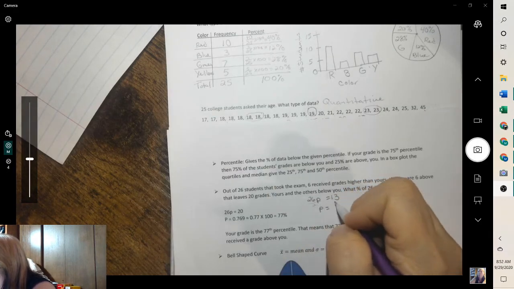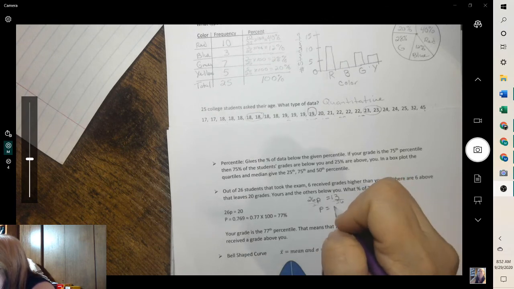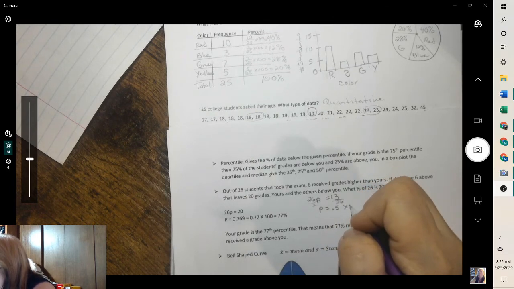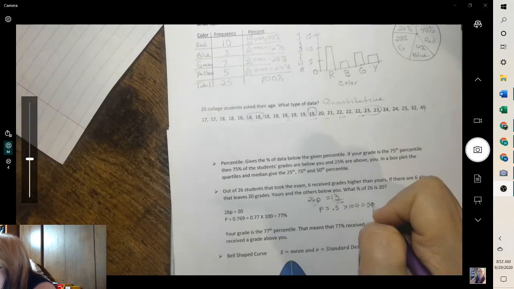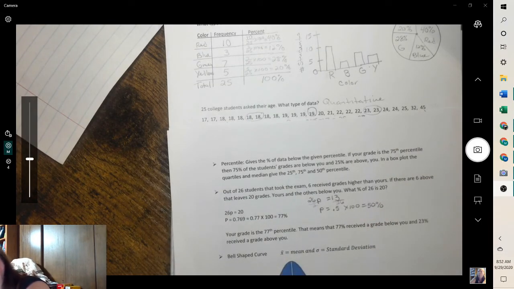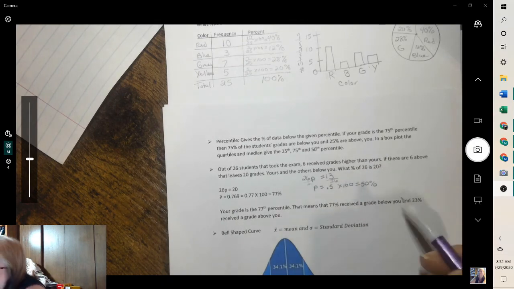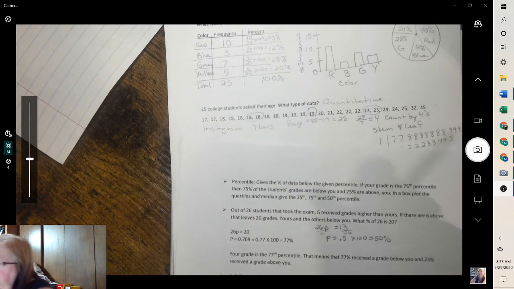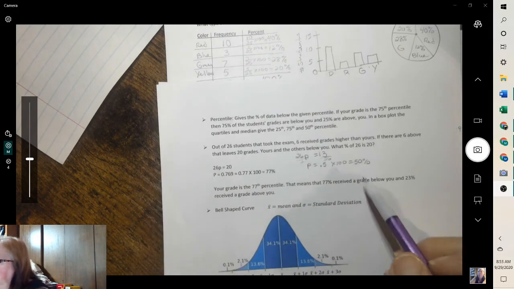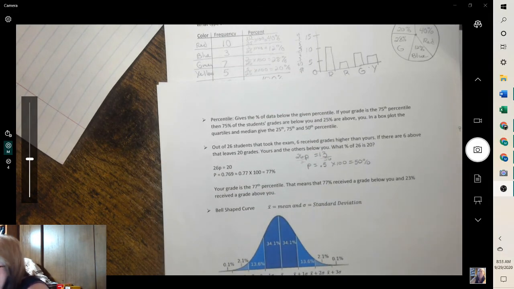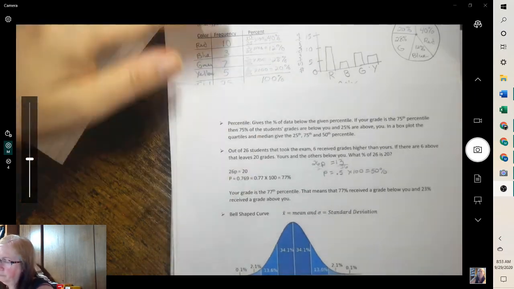Divide by the 26, and get 0.5. So 50% of the data is below you. We knew that was the 50th percentile because that was the median, but I wanted to show you how it works. Okay. We will do the bell-shaped curve in a separate video.